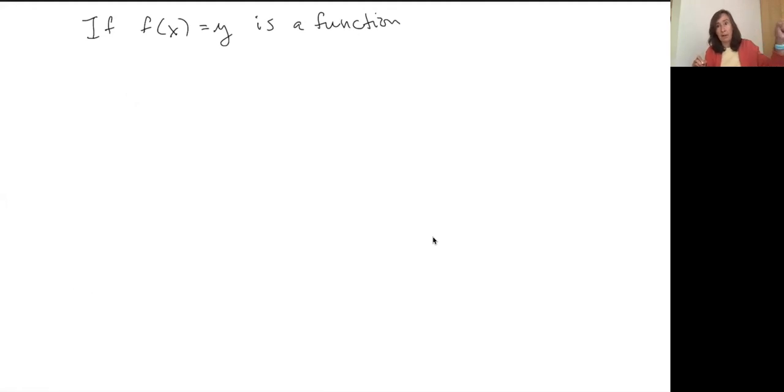Okay, great. Seems pretty straightforward, but the cool thing that this gives us is, if f of x is y is a function, so if it has those two properties, that it tells us a y value for every x and only one y value, then if we start with a equals b and we apply the function to both sides, it will still be true.